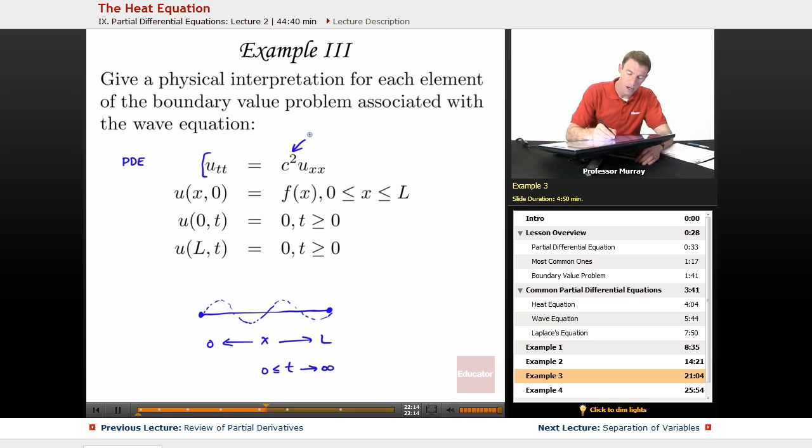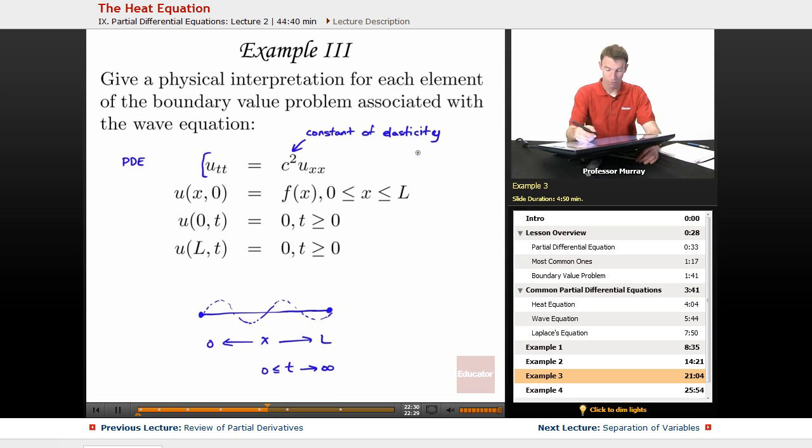Now that c squared is the constant of elasticity. It tells you how elastic the material of your string is.